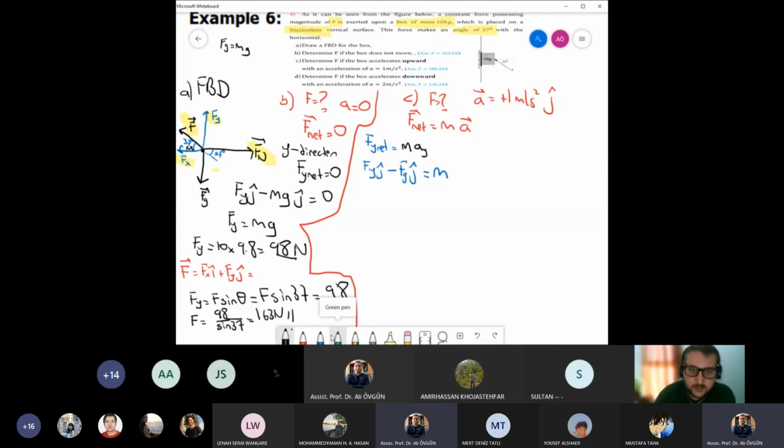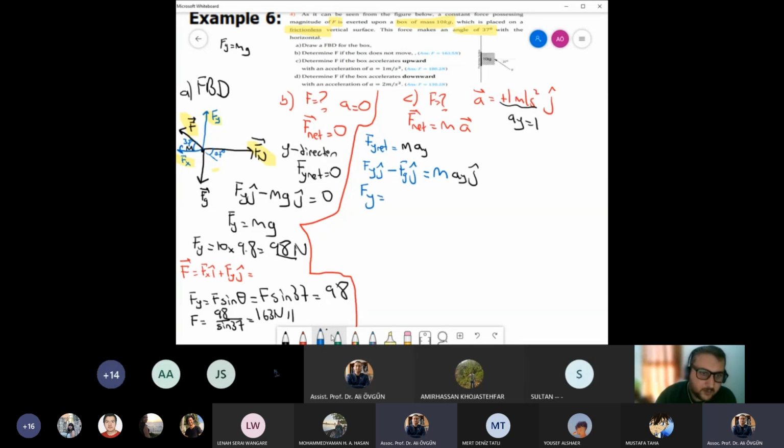And here, this is also important. The acceleration is upward, so this is y. So a y is 1. It has only a y component, m a y J. So then let's write it.